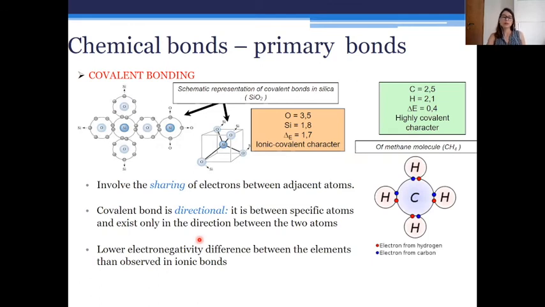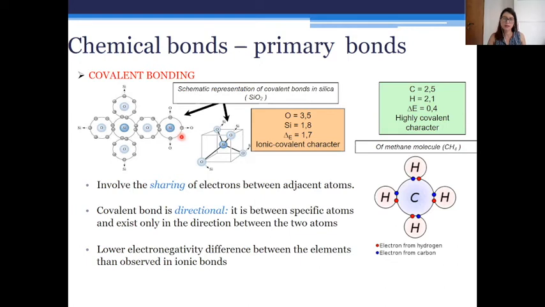So now let's introduce covalent bonding. Covalent bonding involves the sharing of electrons between adjacent atoms. It is the case, for example, between carbon and carbon, and hydrogens, or also in this case between silicon and oxygen.